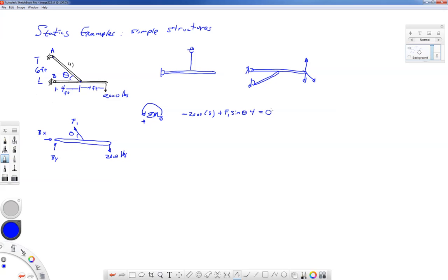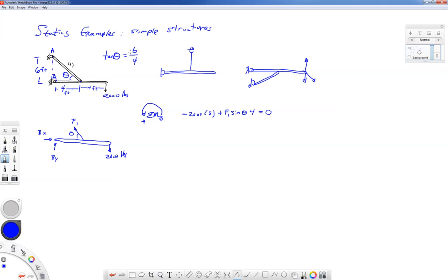So I want to solve that for F1. First I need to figure out what that angle is, though. If I look at this picture, this being a right angle, the tangent of the angle theta is equal to the opposite side over the adjacent side. 6 divided by 4, let me see what that is. It's not one I know off the top of my head.